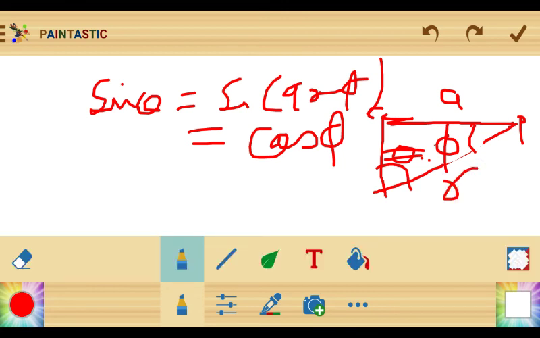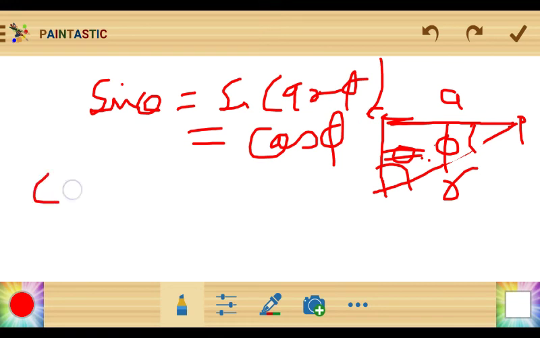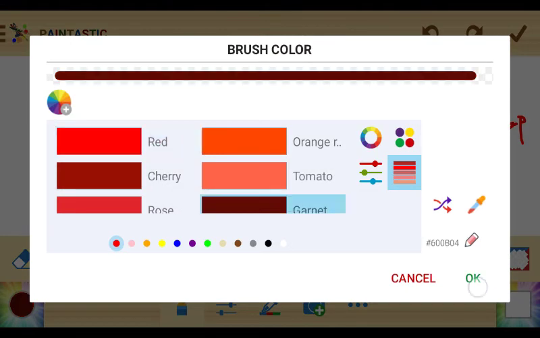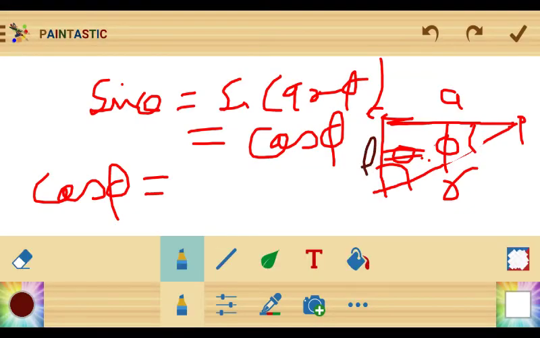So cos phi, from this right angle triangle, is base upon hypotenuse.